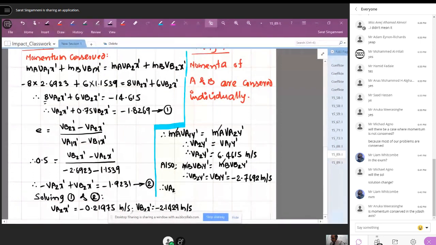VA2 is equal to the square root of VA2 x dash squared plus VA2 y dash squared.